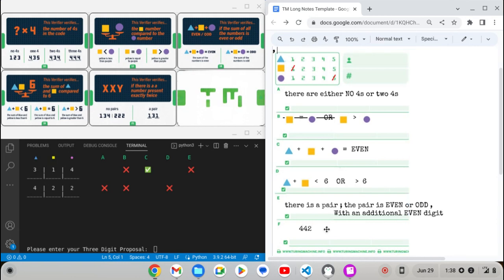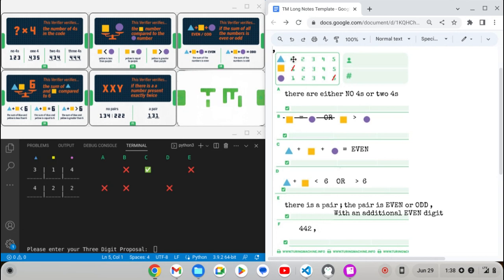Okay, and if that's the case, what about odds? Well, it can't be a single 4, we said that. So that means it would have to be a single 2. And because we know that square has to be bigger, we only did criteria card D once, and it was 6.